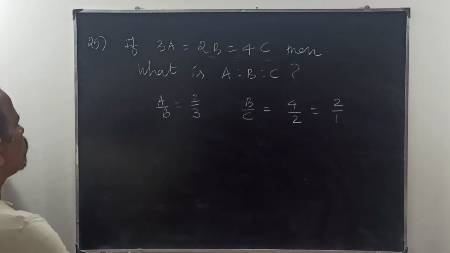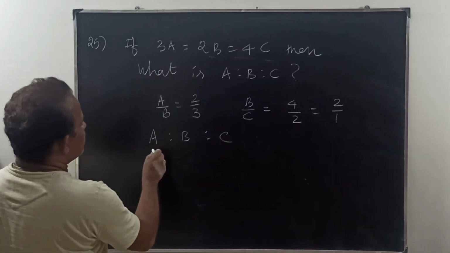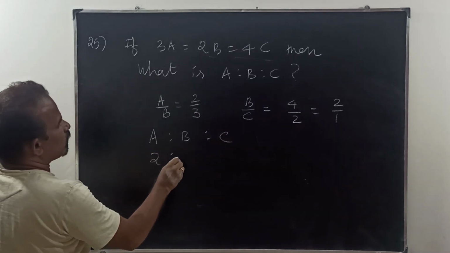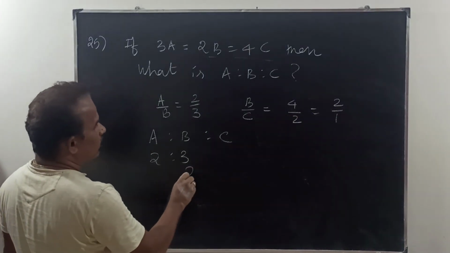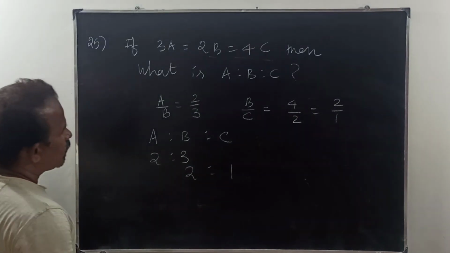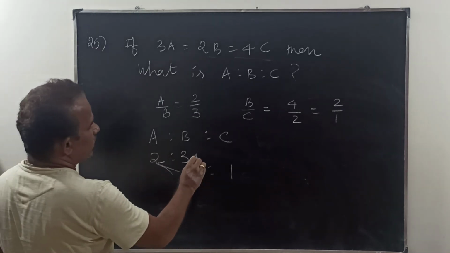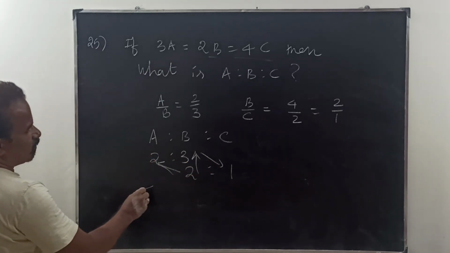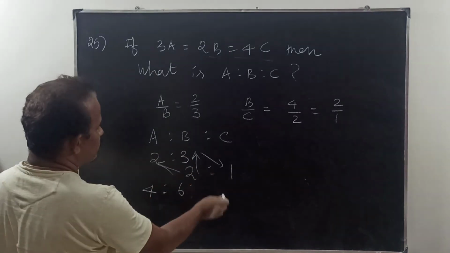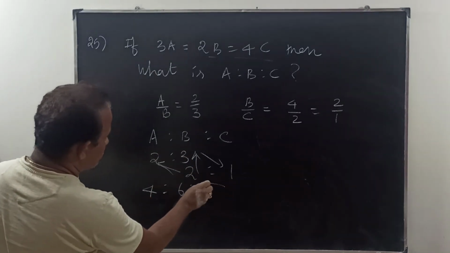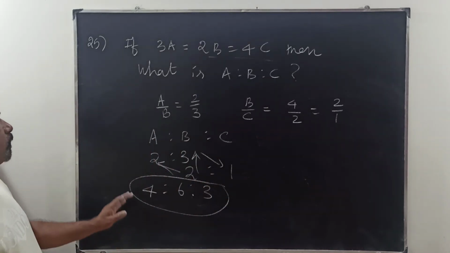So a is to b is equal to 2 is to 3, b is to c is equal to 2 is to 1. Again we can take a is to b is to c using the same diagram. We have to multiply by 2, by 3, and by 1, so therefore the answer is 4 is to 6 is to 3.